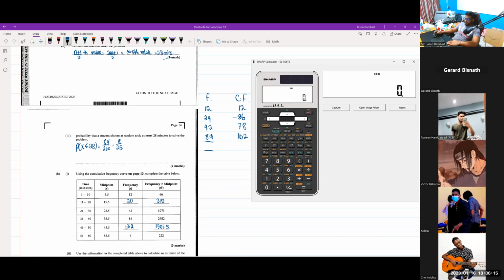So this will be 34. 12 plus 24 plus 42 plus 84 plus 4, take away 200. So this will be 34. So that will be the correct answer there, boys. 24 and 34.